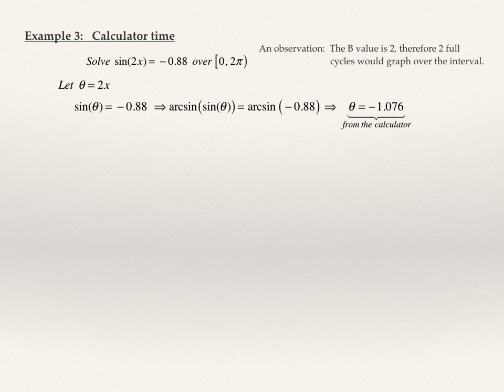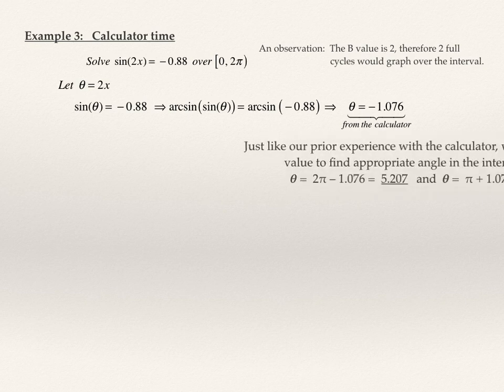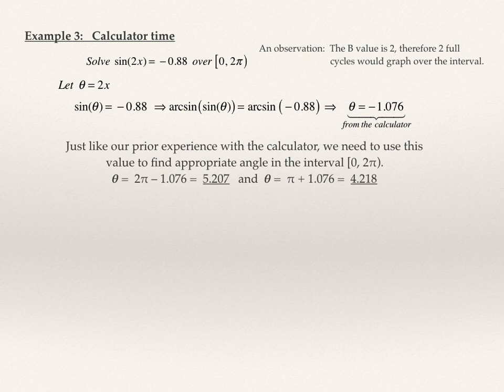There should be one in quadrant 3 and one in quadrant 4 because we're dealing with a negative sine value here. Just like we did before, we're going to use this value to find the appropriate angle in the interval. One of those angles is 2 pi minus 1.076, and the other is pi plus 1.076.